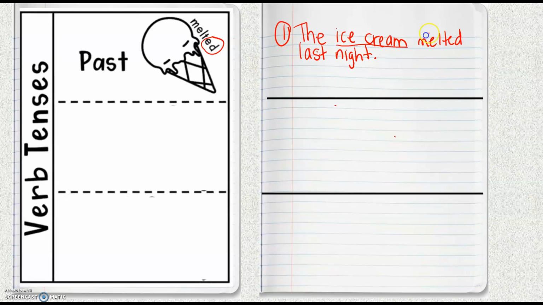Ice cream is my subject, melted is my verb, and I added that ed to help me know that it happened in the past. It happened last night. In your notebook, will you go ahead and circle melted as you used it in your sentence?